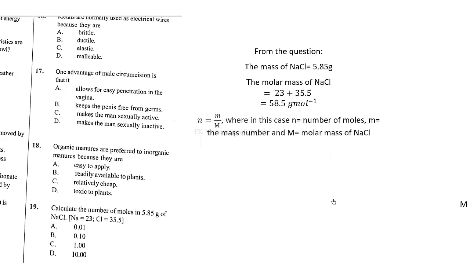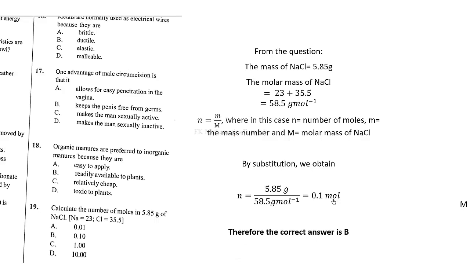Then we have the formula n equals m over M, where n is number of moles, m is mass, and M is the molar mass of sodium chloride. When we substitute, we get 5.85 over 58.5, and that will give us 0.1 mole.